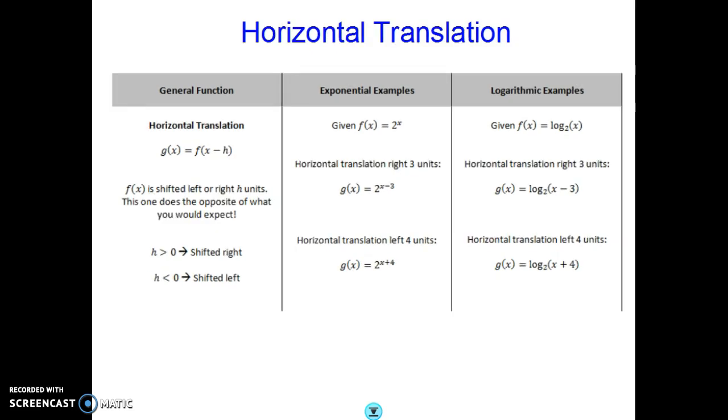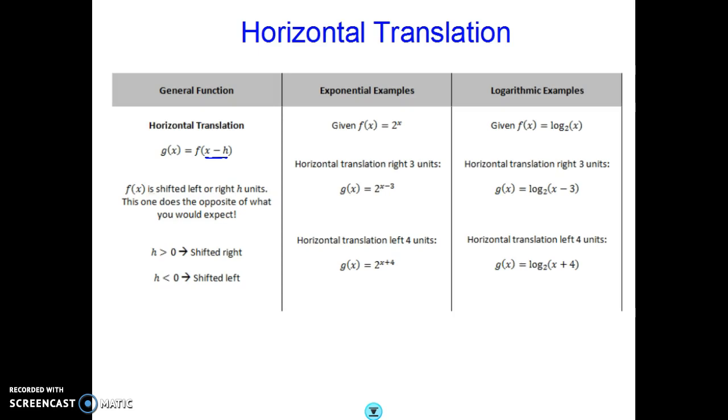Horizontal translations, I think, are the trickiest to work with, so let's take a look. If we start with an original function f of x, in order to do a horizontal translation, what actually has to happen is that we replace that x with x plus or minus some number. Remember, think back to quadratics, if we want to shift to the right by 2, we would, instead of having x squared, have x minus 2 squared.